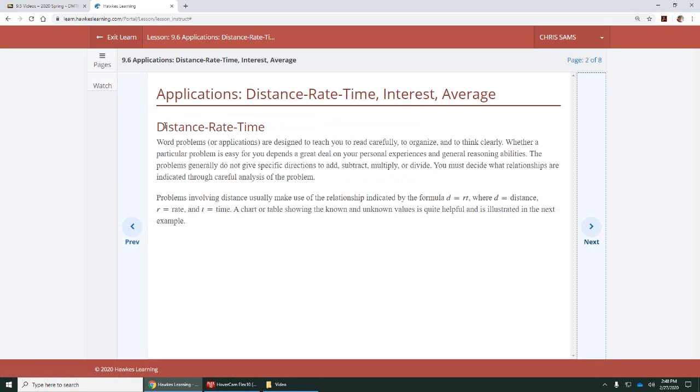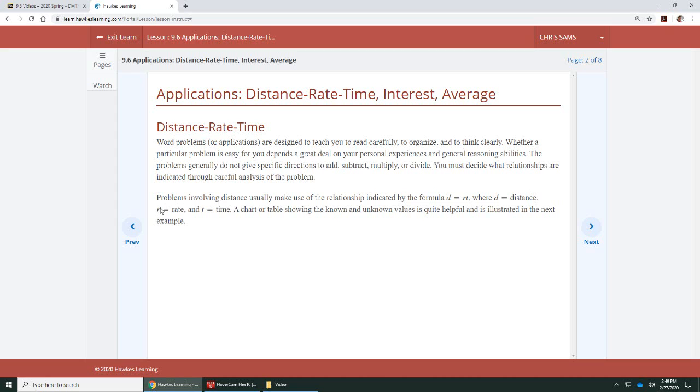So I'm going to walk you through. One of the ones you're going to see is problems involving distance, rate, and time. Down here in the second paragraph, it gives you the formula right here. Distance, D is for distance, equals the rate times time, and they show you here D equals distance, R rate. Another way to say it is the speed, how fast you're going. So rate is what we call a speed.